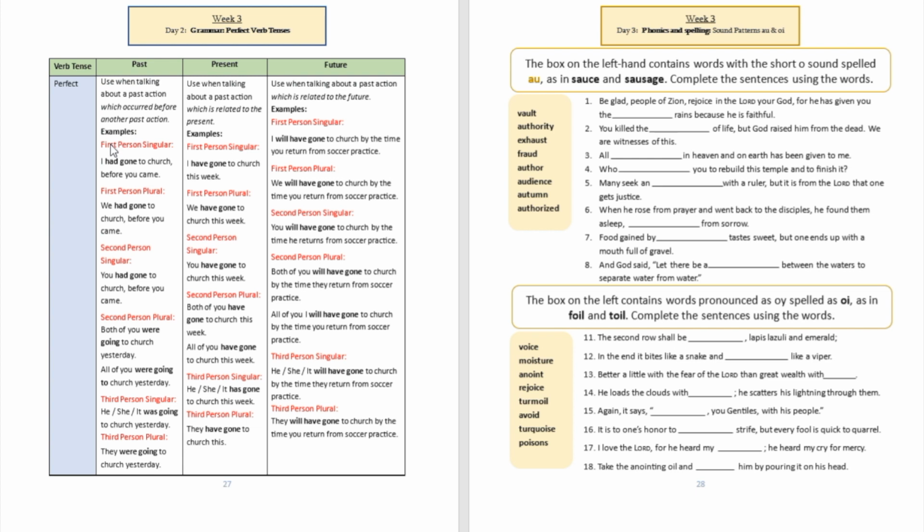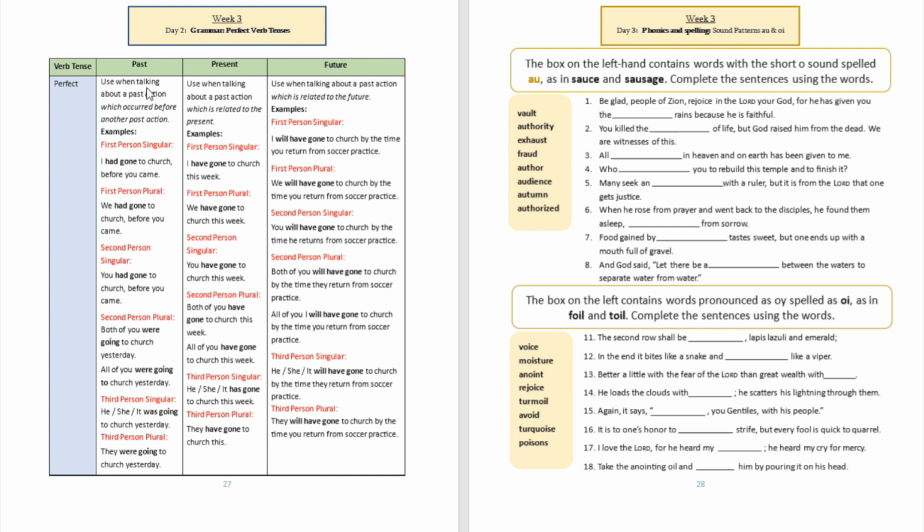It may occur in different categories: the first person singular, the first person plural, and then the second person singular, second person plural, third person singular, and third person plural.